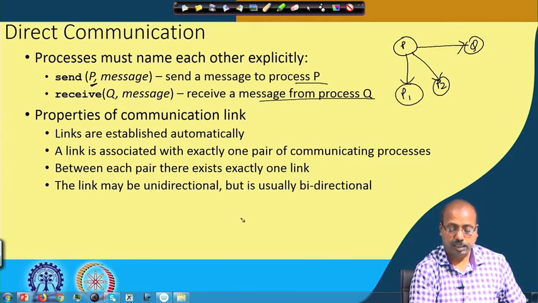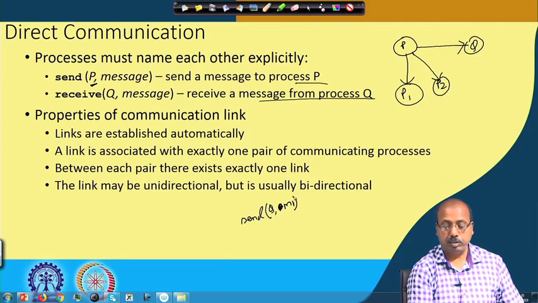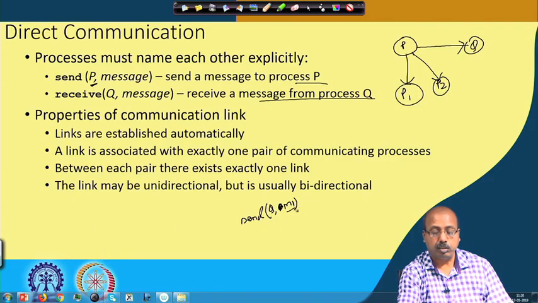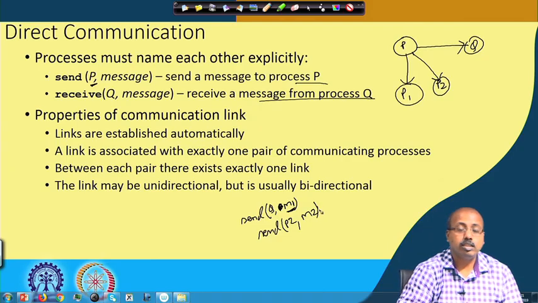So it can use send(q, message1), where message1 is a data structure, some variable structure put into the form of a message, and then this message is sent to q. When it wants to send to p2, it will write send(p2, m2).